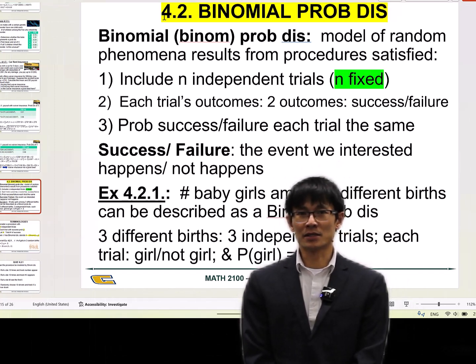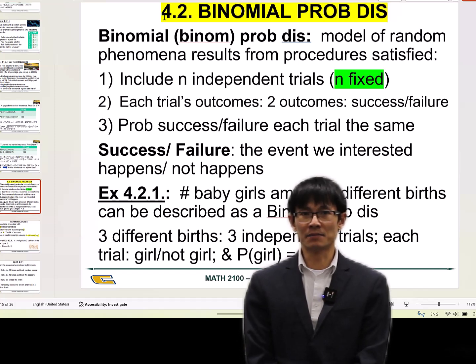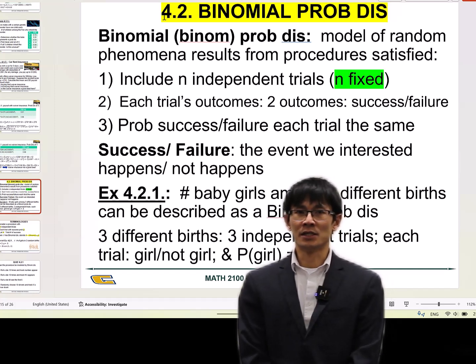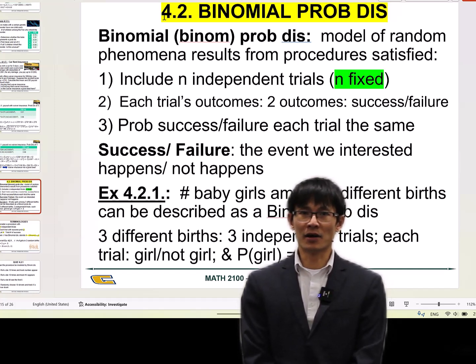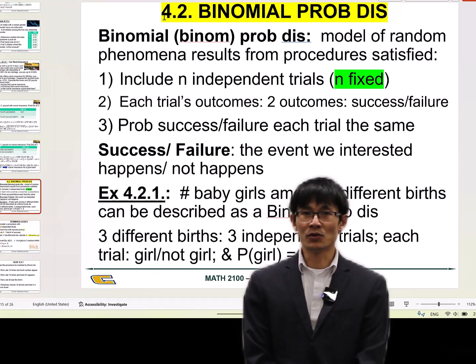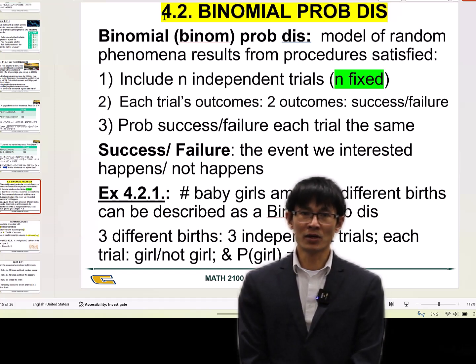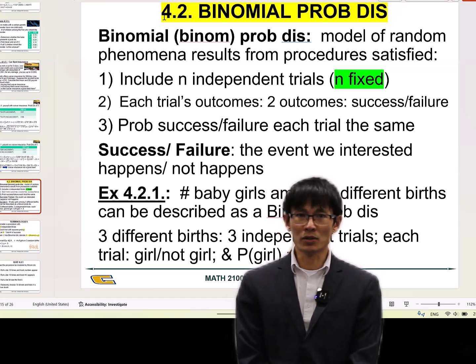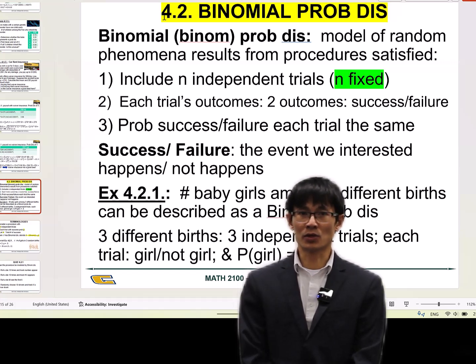So today we are starting to look at the first kind of discrete distribution, the binomial distribution. Previously we learned that for discrete random variables, when we don't have many outcomes, we can always use a distribution table to represent the discrete random variable and study it. But the question now is, what if we have multiple outcomes, say maybe 100 different outcomes? Say you toss a die 100 times and you keep track of how many 6s appear.